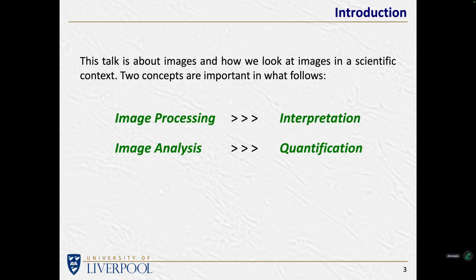Image analysis means taking an image and doing something to it, not necessarily to change the image, but to extract some quantitative information from the image, generally extracting some numbers which are useful to us, quantification. So image processing means how do we interpret what we're seeing. Image analysis is how do we get some numbers out of what we're doing.